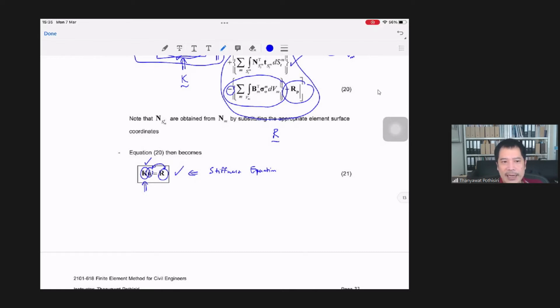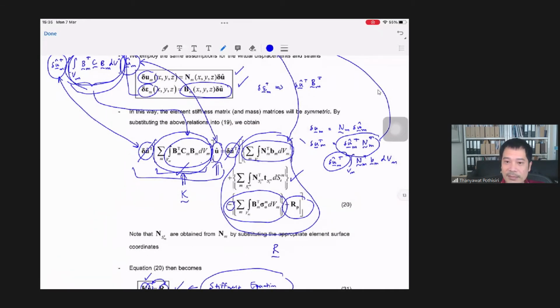So we can see that based on the alternative form of equilibrium equation, we start out with the virtual work equation, but in the end, we end up with the stiffness equation. So if somebody asks you what the stiffness equation is, you can answer from our derivation here that the stiffness equation basically tells you the equilibrium equation, and this equilibrium equation comes from the virtual work equation.